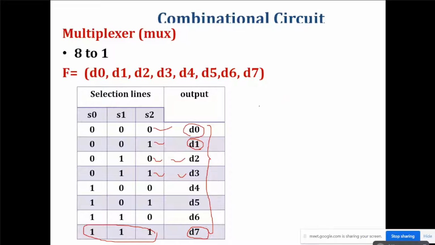So for the implementation, we just need to take again the way what we have done in the 4 cross 1, we will follow the same procedure.